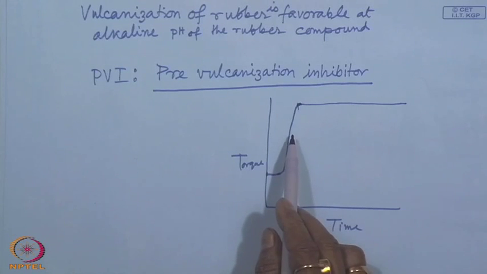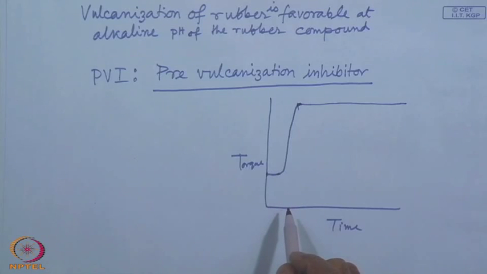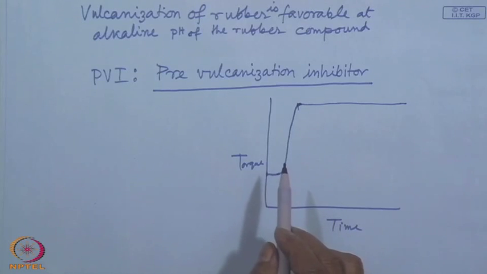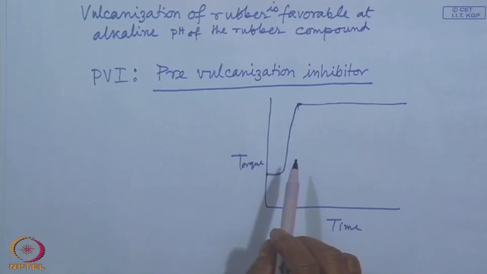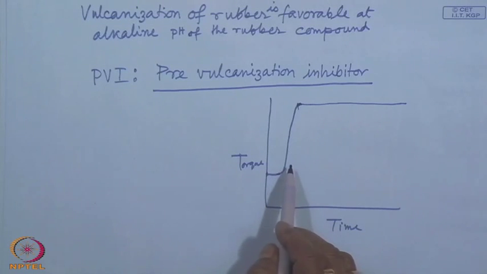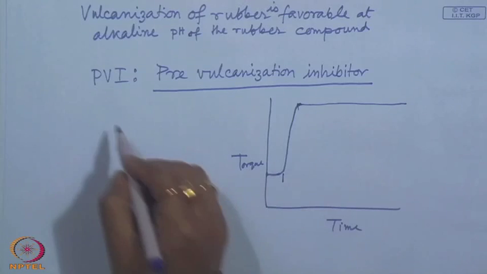Now, if a fast accelerator is used, it should be compounded with proper care, otherwise it will scorch the rubber compound during compound formation or during the processing, shaping or fabrication operation. But this is a little difficult. So use of fast accelerators is restricted, but one can use them provided this region can be kept safe, and that is done by the use of a retarder.